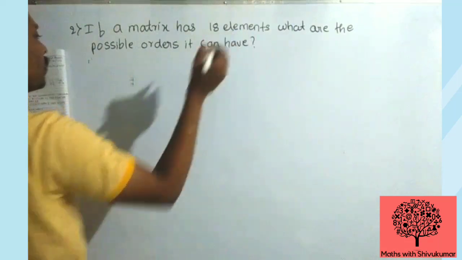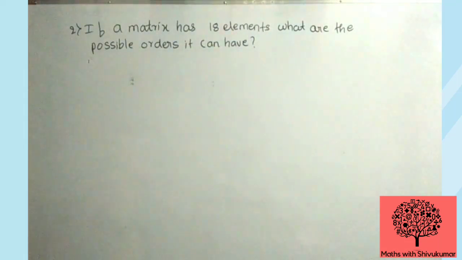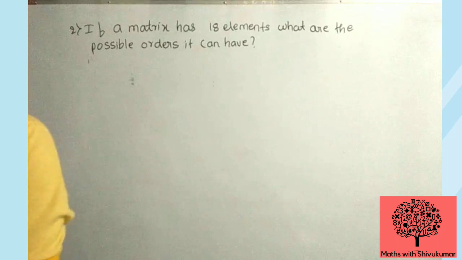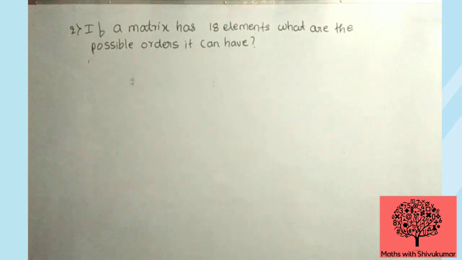What are the possible orders it can have? So observe, students, what they are asking. A matrix they are telling which is having 18 elements. So a matrix having 18 elements means total number of elements they have given, but what they are asking: what are the possible orders it can have?